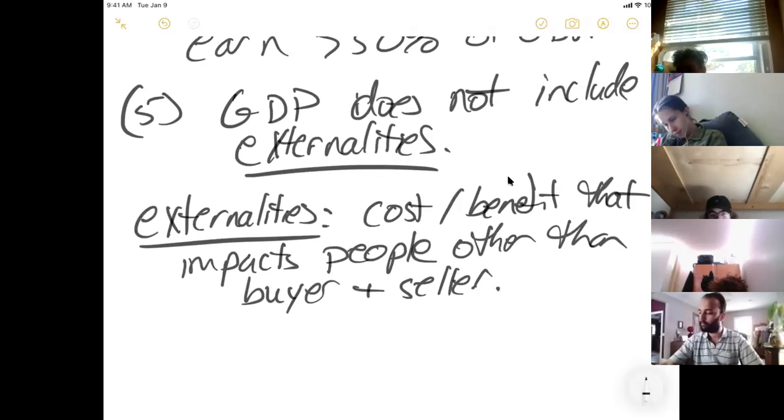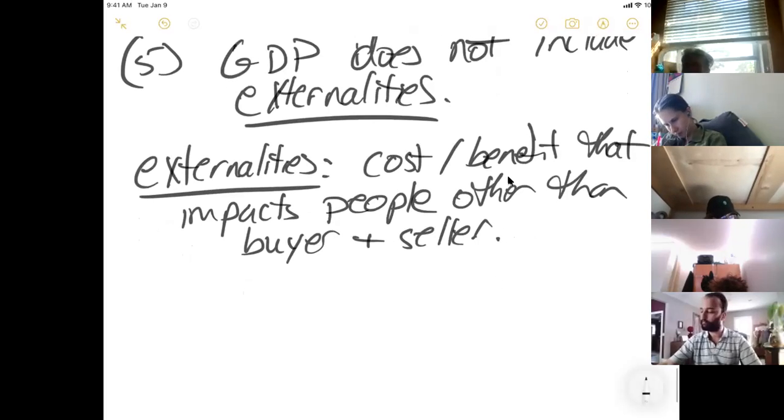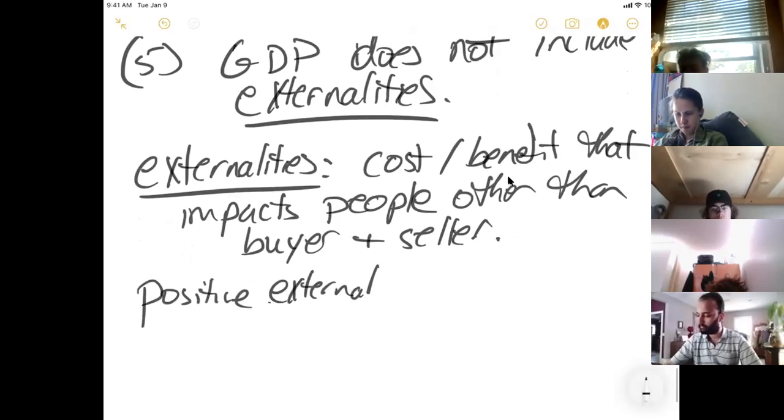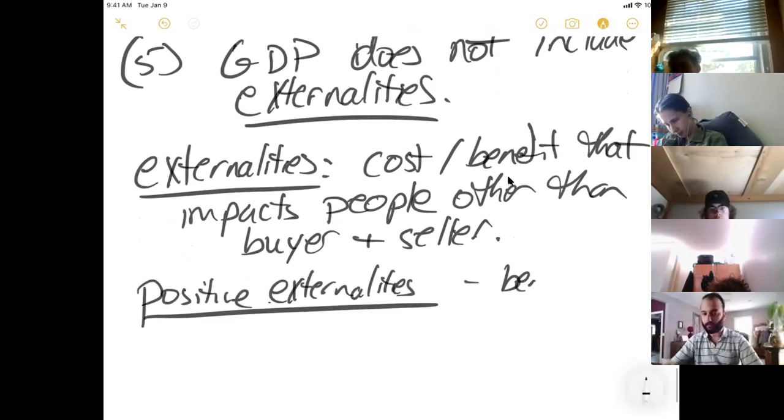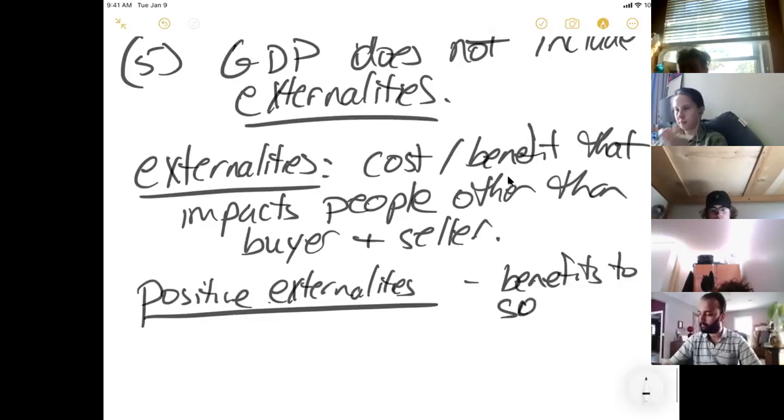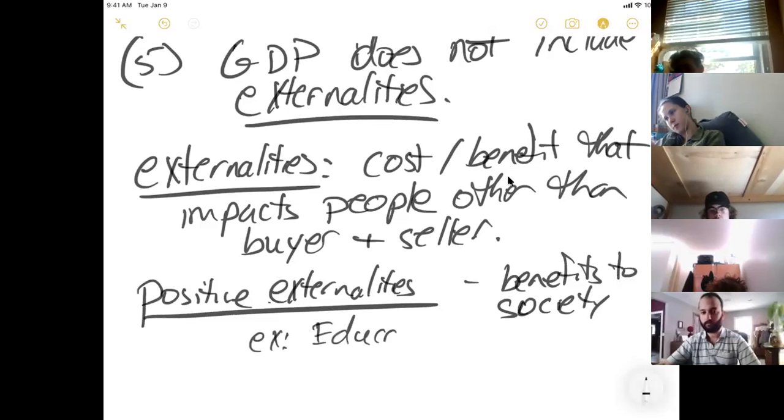And GDP really ignores a lot of these costs. It ignores, for instance, positive externalities, meaning benefits that accrue to society in general, not just to the buyer and seller. A classic example of this would be what we're doing right now, hopefully: education.